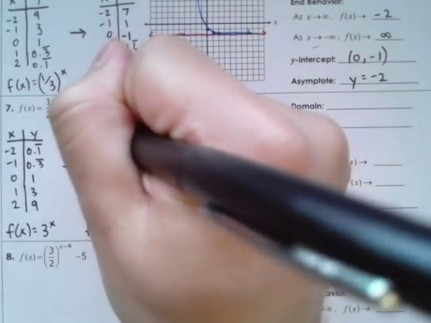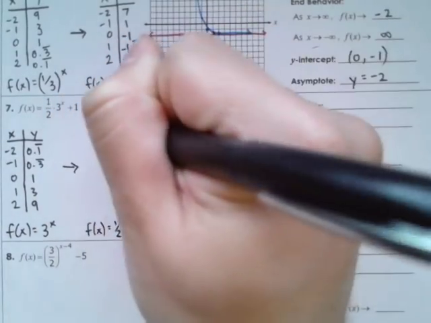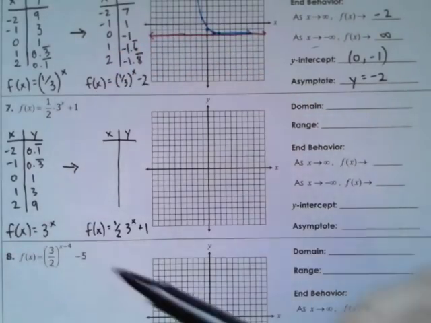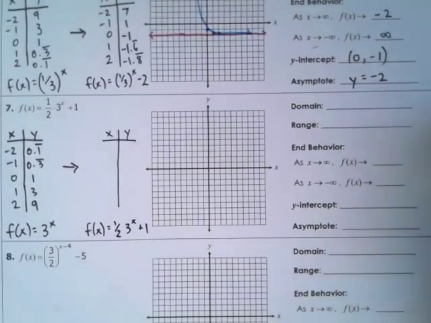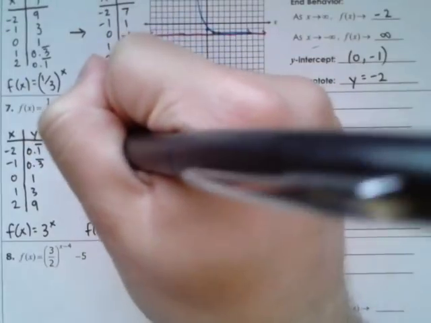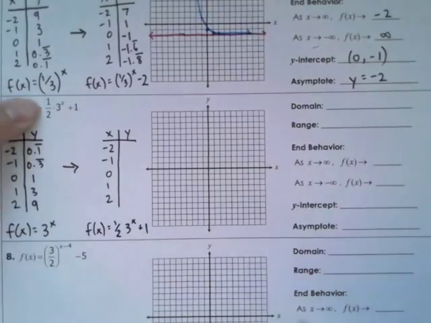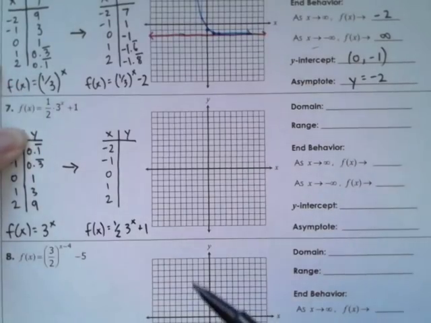Notice that the transformations are only on my y values. There is no horizontal shift. So my x values stay the same: -2, -1, 0, 1, 2. First, I'm gonna compress all my y values by a half.